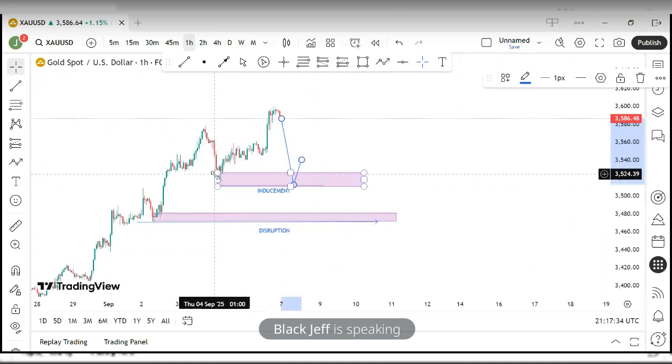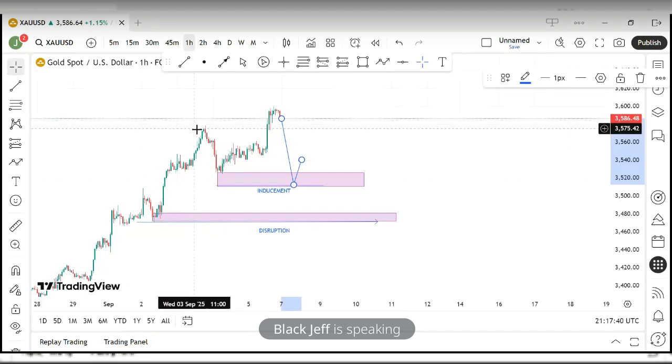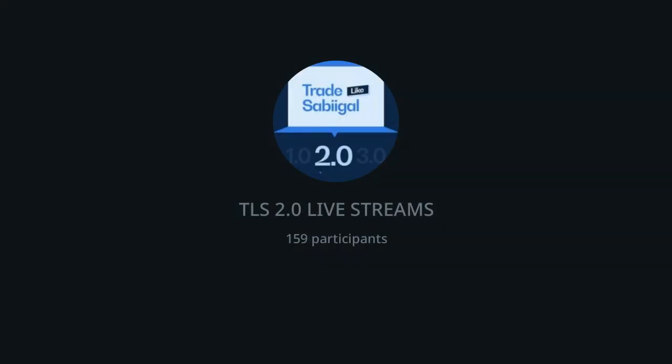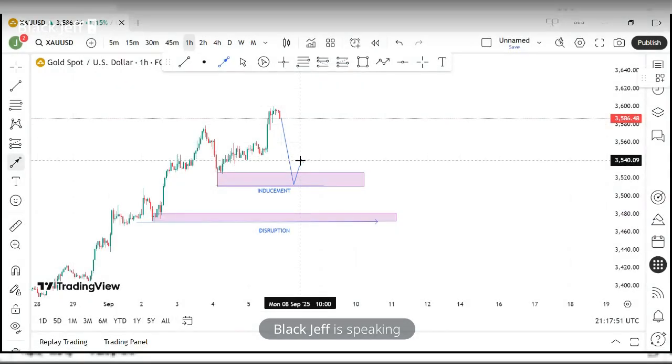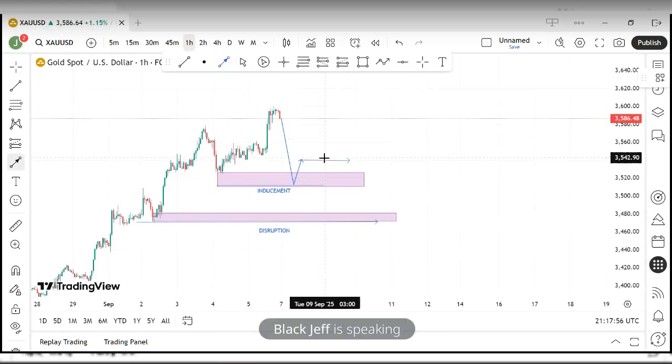This is an inducement and this is a disruption. Let this market get to an inducement. This key level here fails. Let this market get to an inducement and push up from it. Now, after the market has pushed up from your point of inducement or disruption, you begin to find key levels from here upwards.